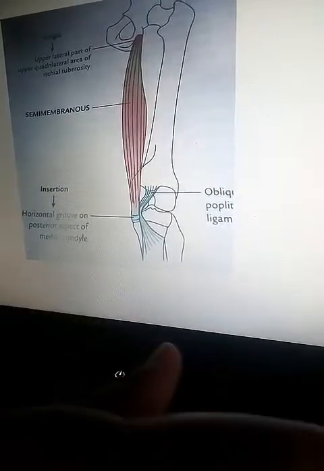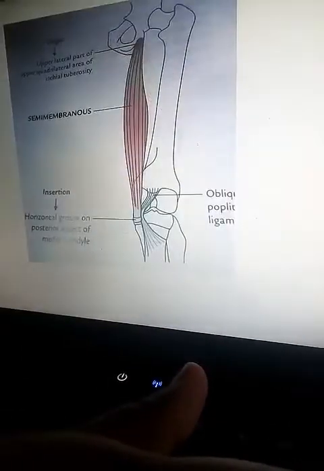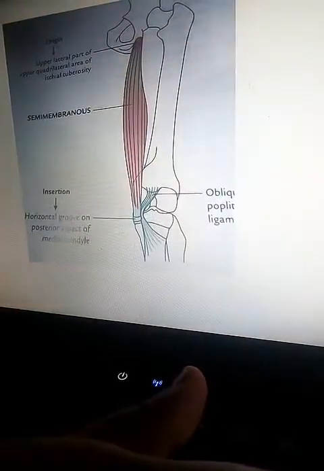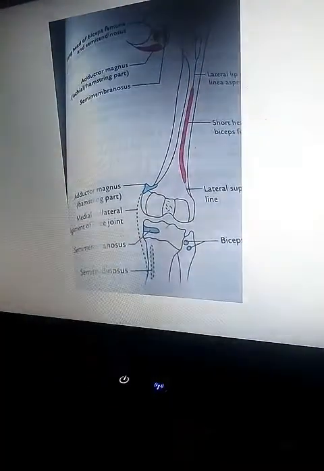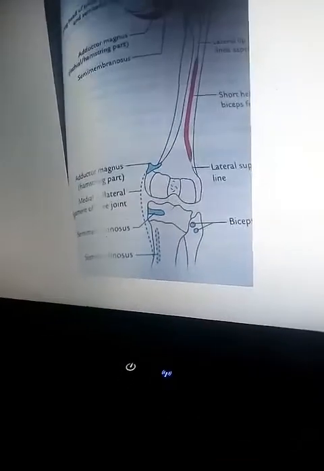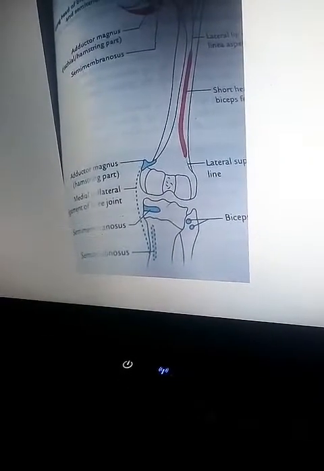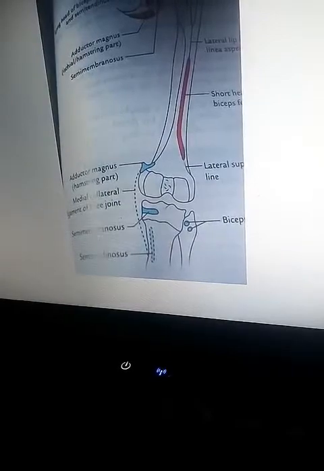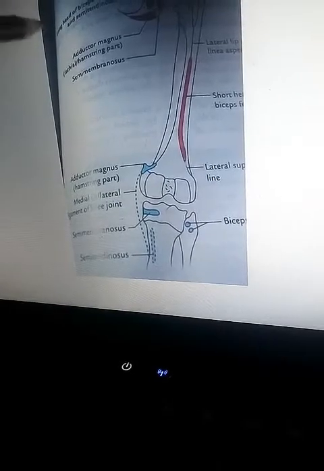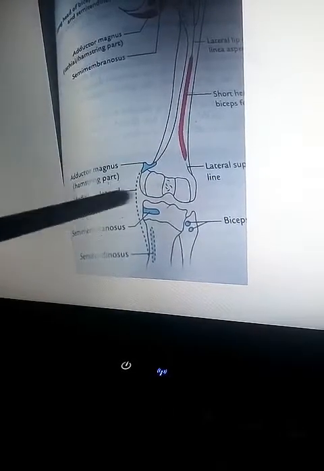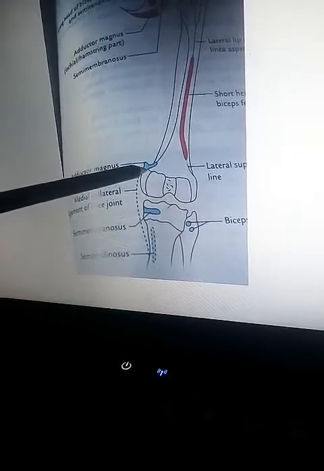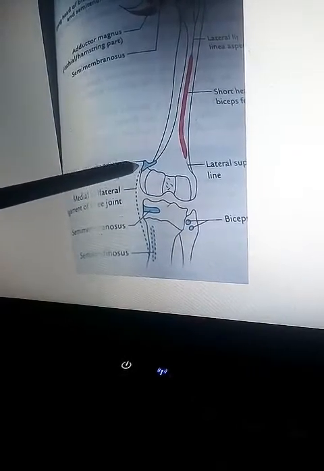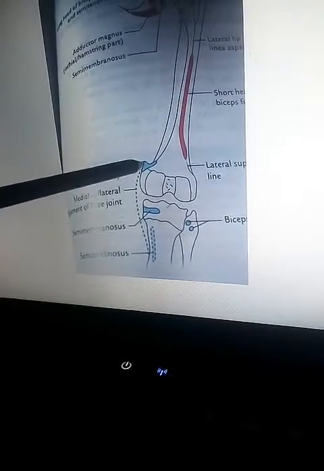Another muscle is the ischial head of the adductor magnus. It arises from the inferolateral part of the ischial tuberosity. It descends almost vertically downwards to be inserted on the adductor tubercle. So that is the insertion of adductor magnus. It is also supplied by the tibial part of the sciatic nerve.